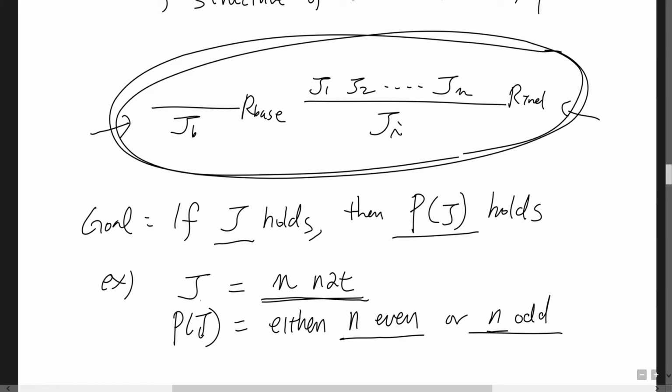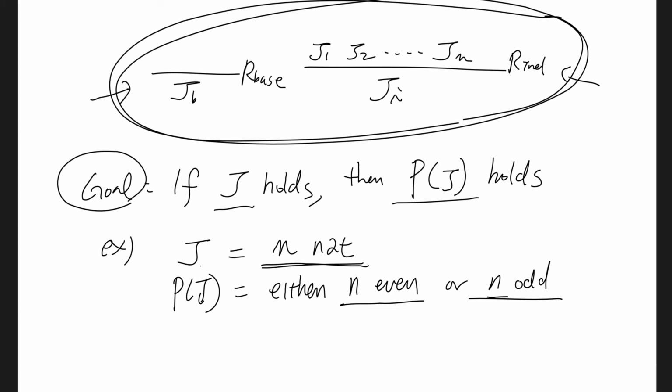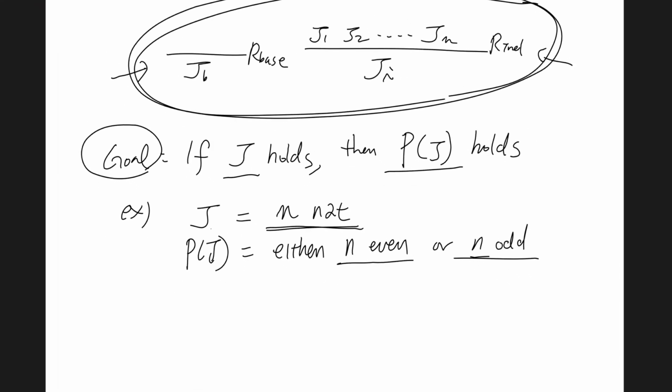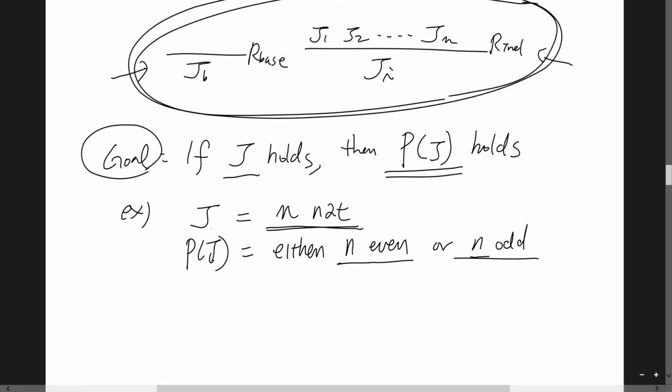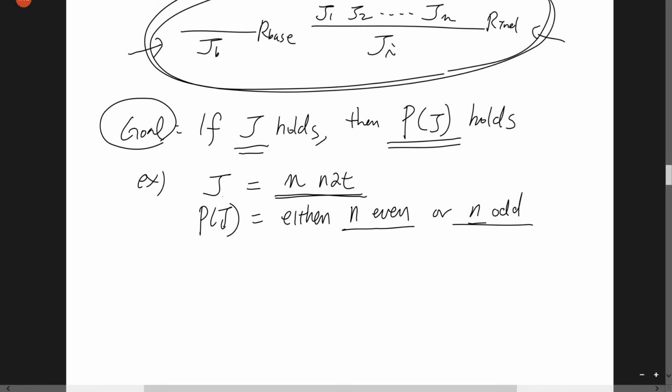Okay, now given this goal, how does the rule induction technique proceed? So here is how it works. In order to show that this judgment, P of J, holds whenever J holds, we consider two cases.